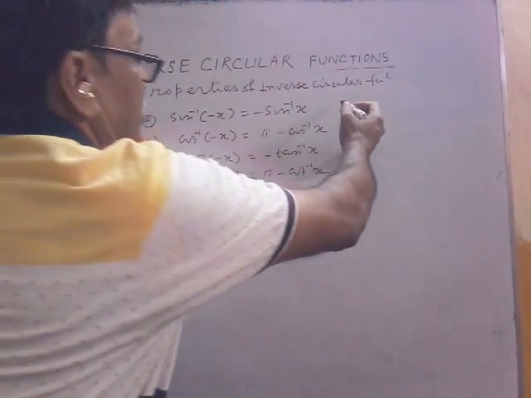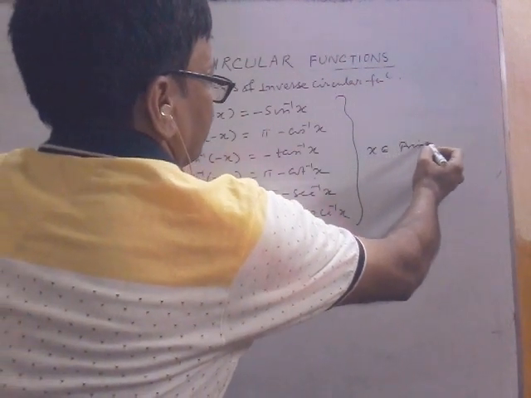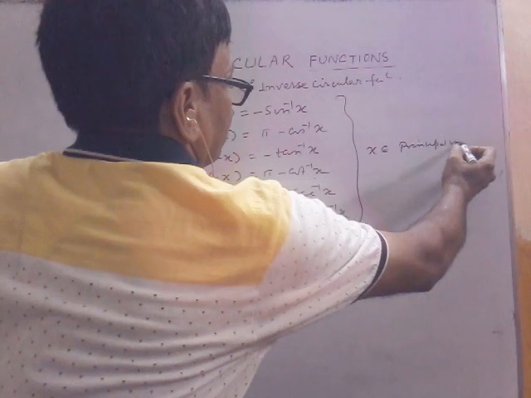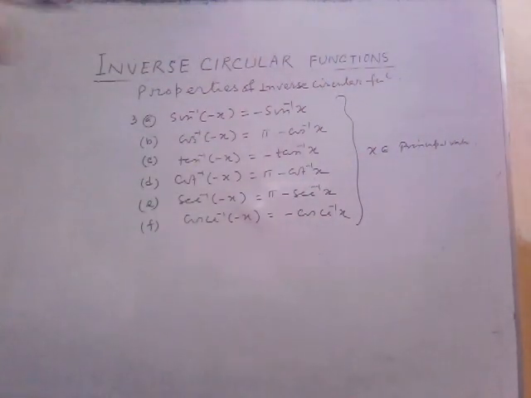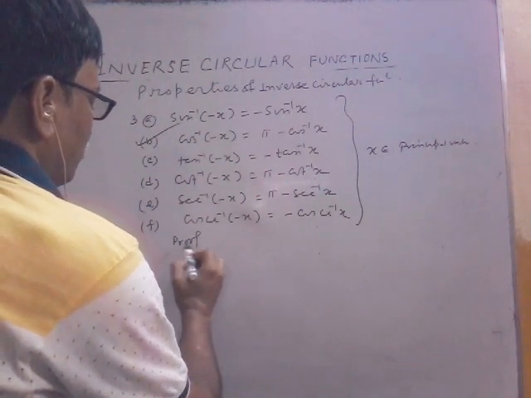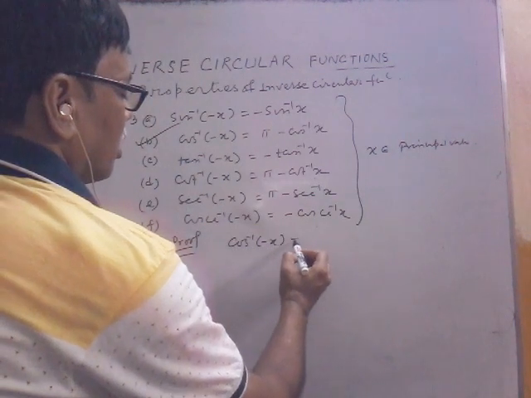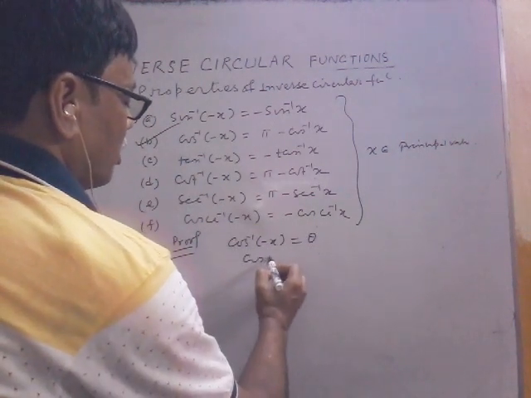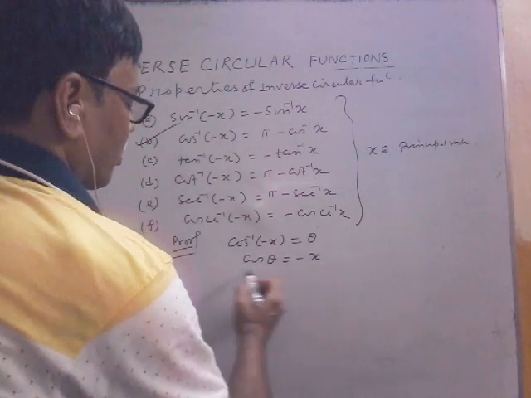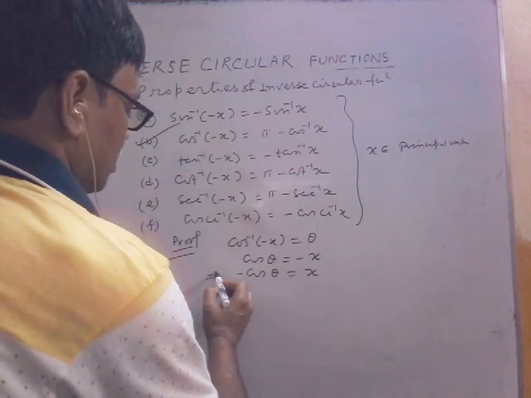So the restriction is that x belongs to the principal value. Now proofs are very simple. Look at the proof of 3b. Cos inverse minus x equals theta. What is cos theta? Minus x. Minus cos theta equals x.